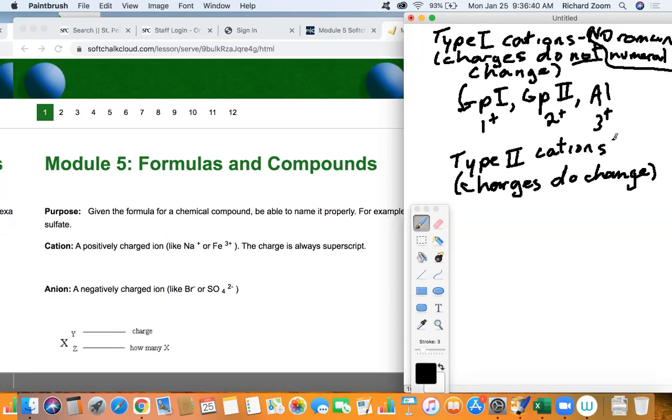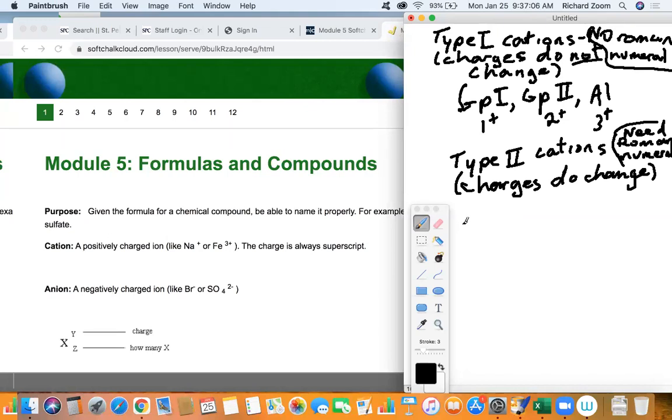And these do need a Roman numeral. And again, the Roman numeral is the charge on the cation. So I think that's really the most important point that people sort of forget about.